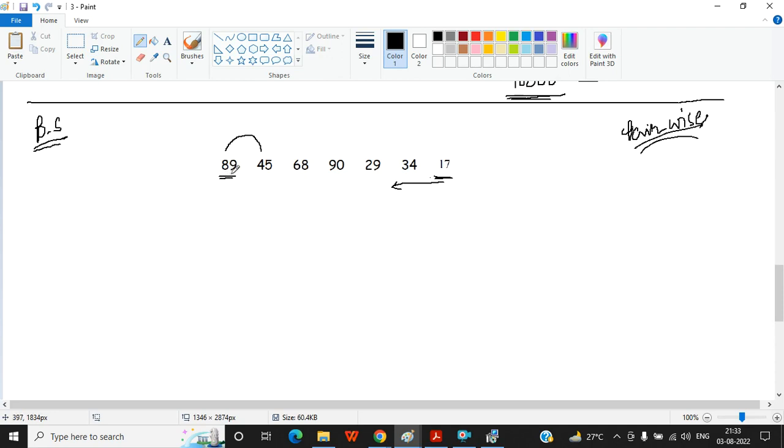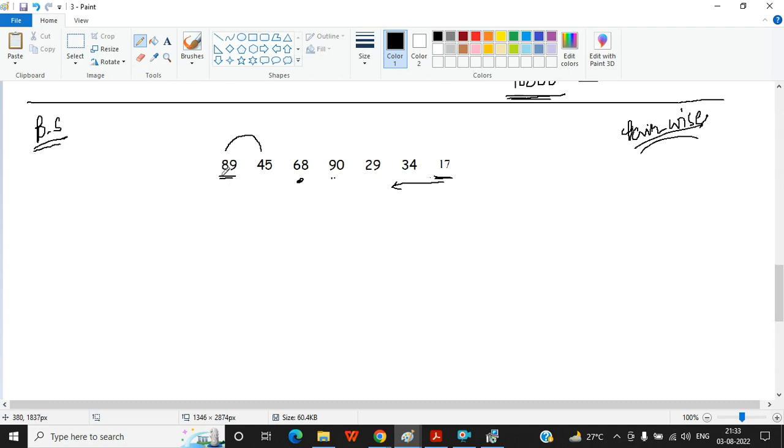We keep shifting, swapping the numbers towards the right. Here you can clearly see that 89 can be pushed up to this place. After that, we get 90, which is more than 89. Then we will start pushing this 90 in the right direction and reach this place. This is the logic.